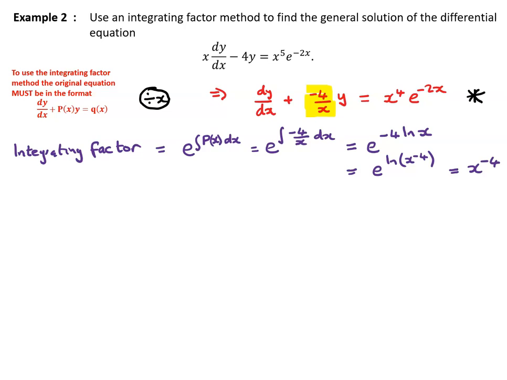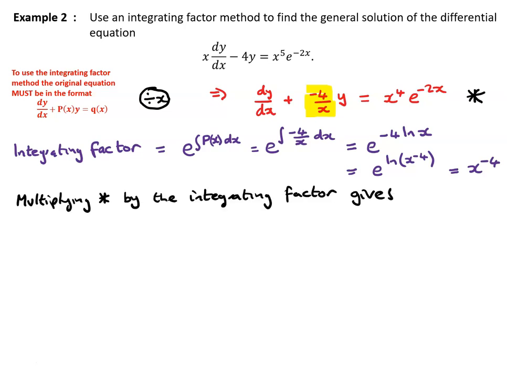So I am going to multiply my equation star by the integrating factor to obtain x to the minus 4 dy/dx. Then I've got minus 4 over x times x to the minus 4, so that gives me minus 4 x to the minus 5 y equals, now the right-hand side is x to the 4 e to the minus 2x times x to the minus 4, so that just gives me e to the minus 2x.